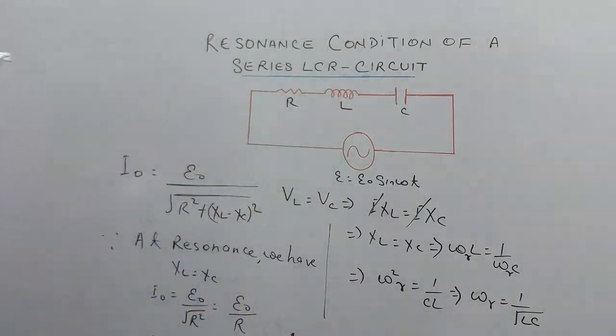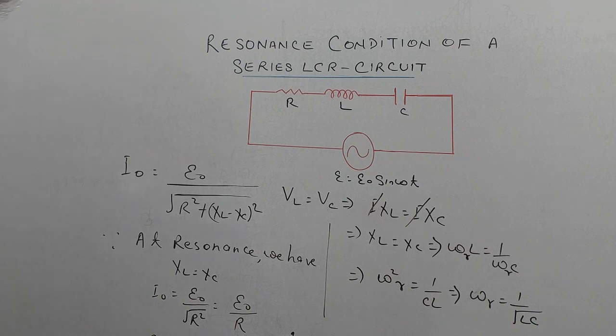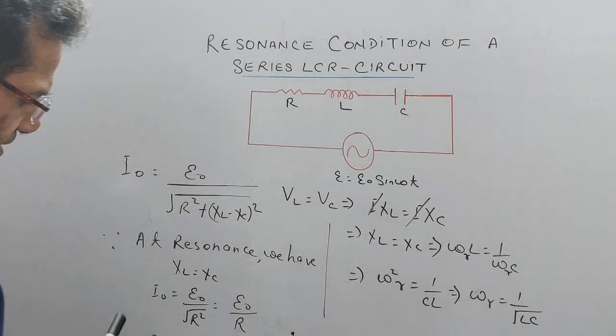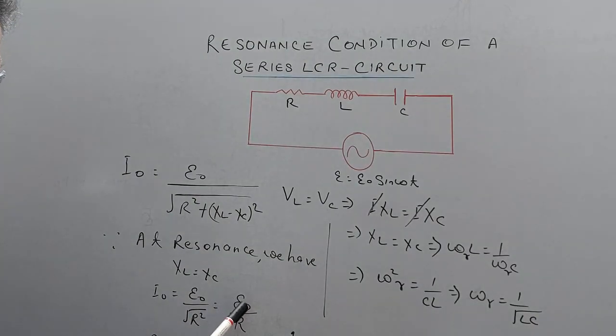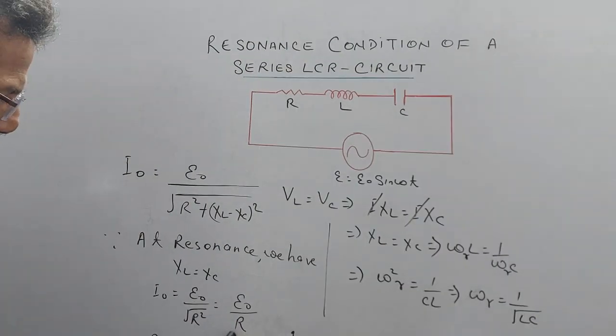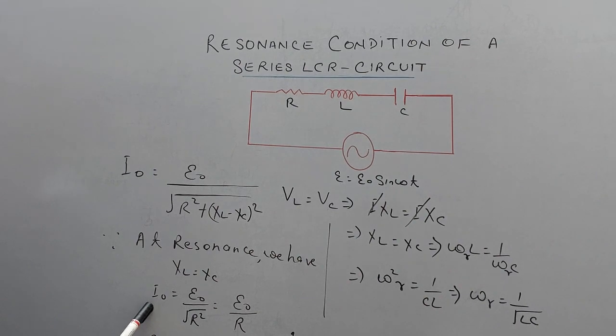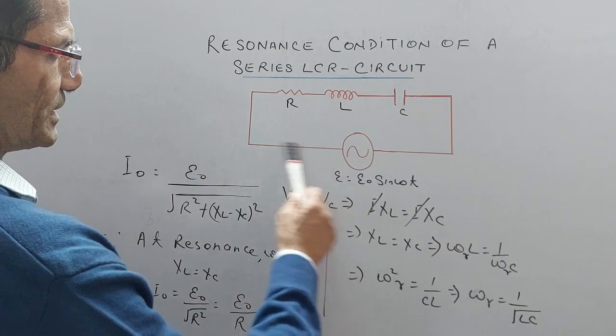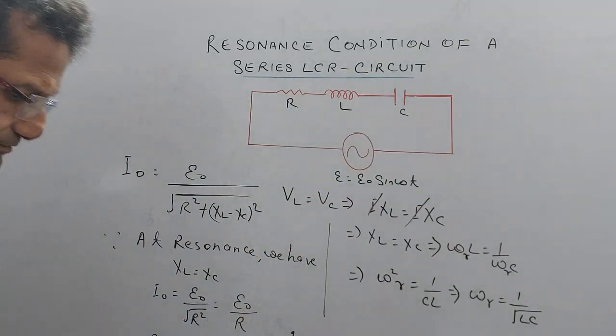This is the frequency at which we get the maximum value of current, I naught equal to the voltage amplitude divided by R. We generally represent the maximum current amplitude by I naught and the maximum applied voltage in this LCR circuit by E naught.